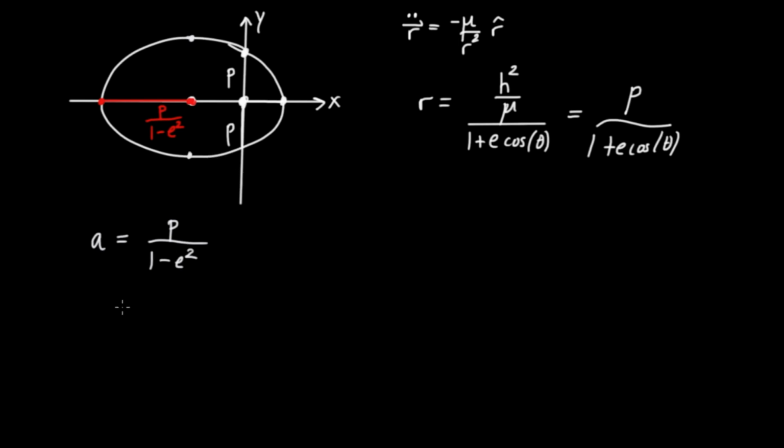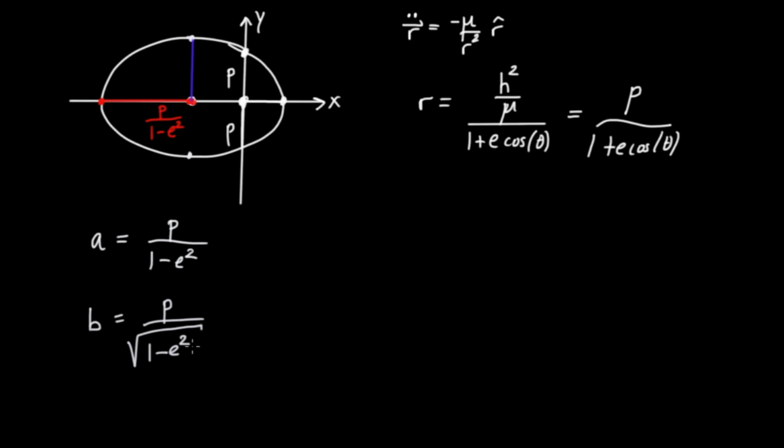Now, you can actually derive a very similar equation for the semi-minor axis b, which will be the distance from, actually let me draw that in here. It's going to be that distance, which I'll call b. You can actually show this is equal to p over the square root of 1 minus e squared.